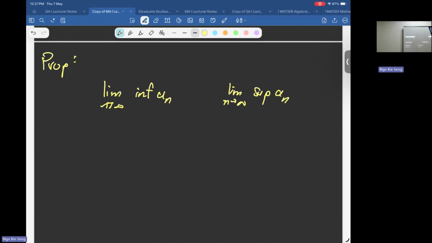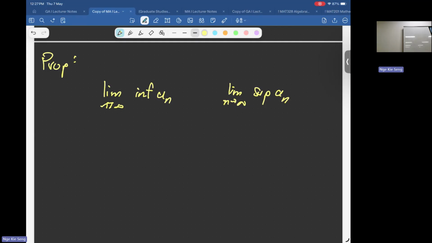Trichotomy law, right? Less than, greater than, or equal to. So what's the relation between these two numbers? Which one is greater? I just now told you that they could be equal, so this is one of the possibilities. How about the rest? Which one is greater?